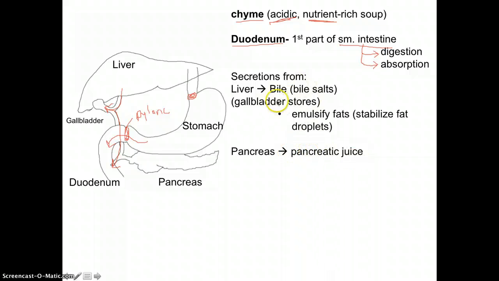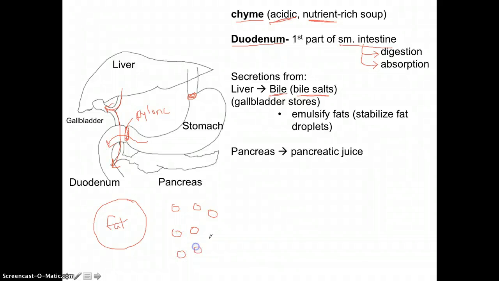So the purpose of bile, and this main component being these bile salts, is to emulsify fats. And basically, if you think about what fat would look like in a liquid, it's hydrophobic, and so it would all stick together into this huge ball. Your stomach, through mechanical digestion, breaks up all this fat into these little tiny droplets.